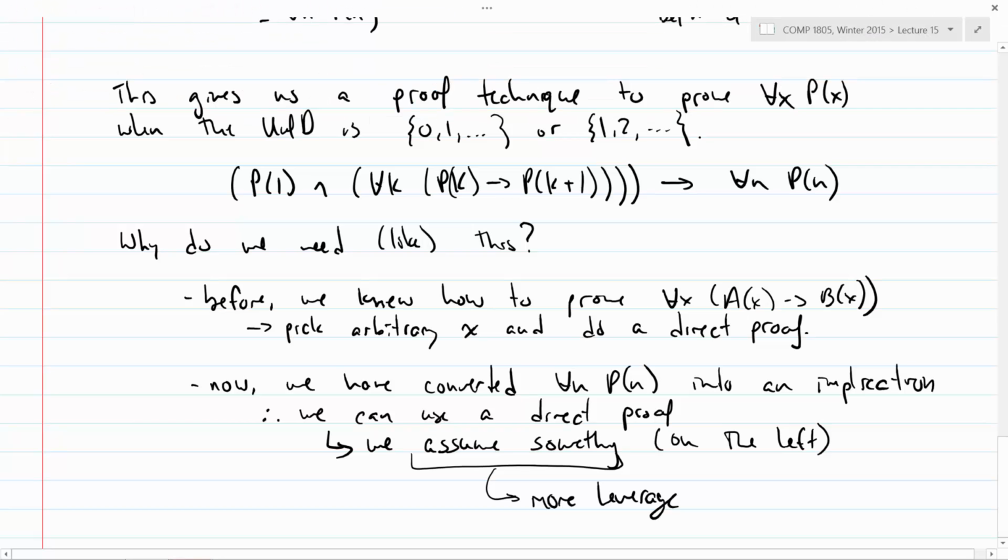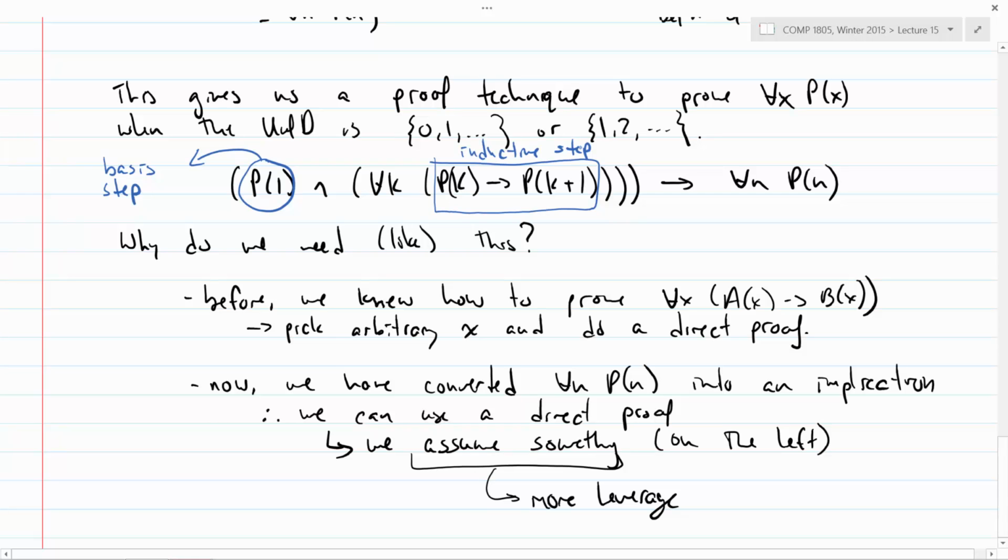So this P1 here, that's called the basis step. So if I want to prove that this implication is true, I need to prove that both of these things are true. All right, so first I have to prove that P1 is true, and doing that is called the basis step. And then this other thing here, PK implies PK plus 1, this is called the inductive step.